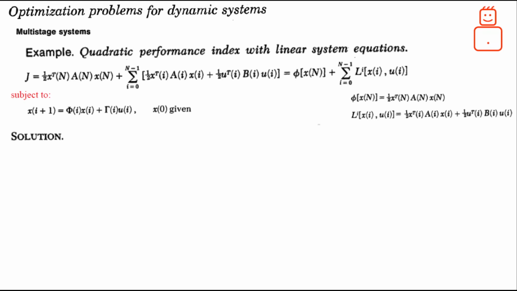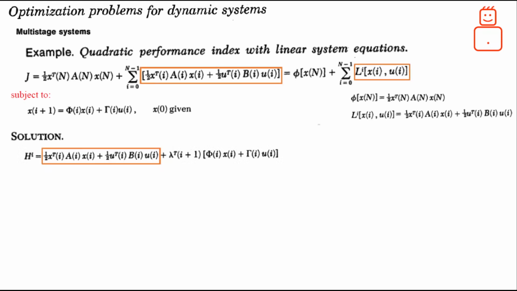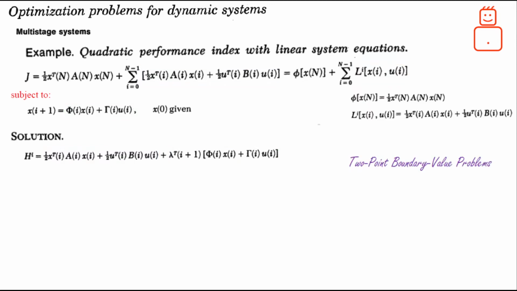As a first step, we can define the function H as shown, where the first term is simply the expression that is found under the summation portion of the J function, whereas the second term is the process dynamic. Do not forget that we are combining these two terms via the multiplier lambda, which is defined at one time ahead. At this point, we can treat this problem as a two-point boundary value problem.